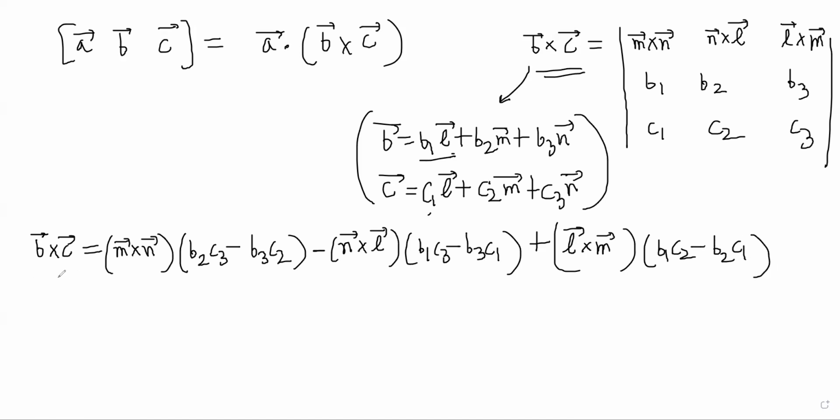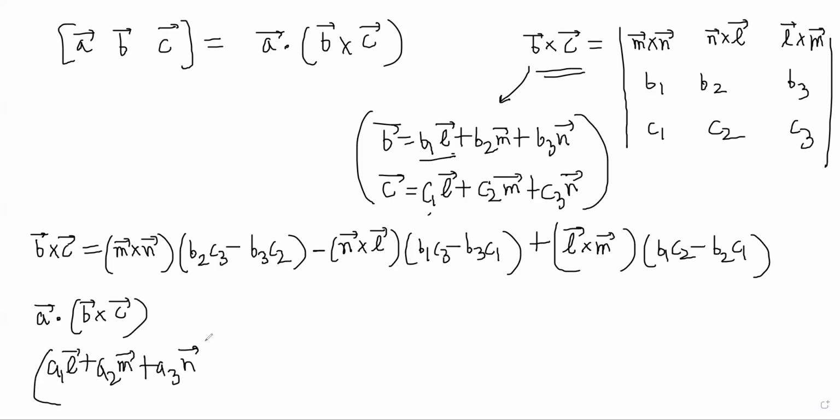So this is my B cross C, and now I have to do the dot product of A with B cross C, right? So vector A itself is A1 L plus A2 M plus A3 N, and I want to do the dot product with B cross C, which I have written in terms of these things. So notice that when you do L dot M cross N, that will give me the first term.